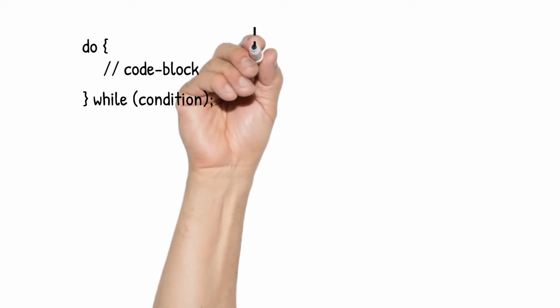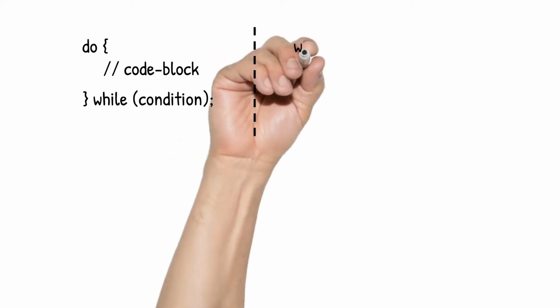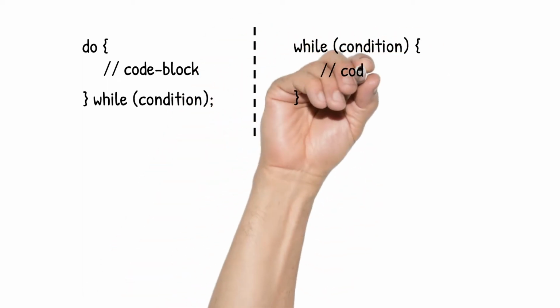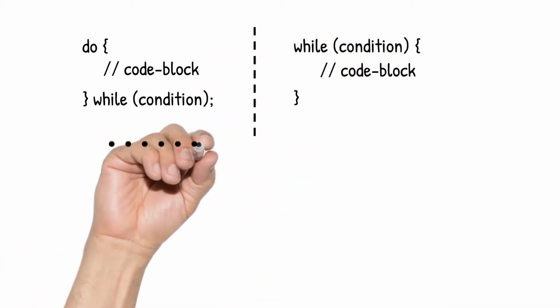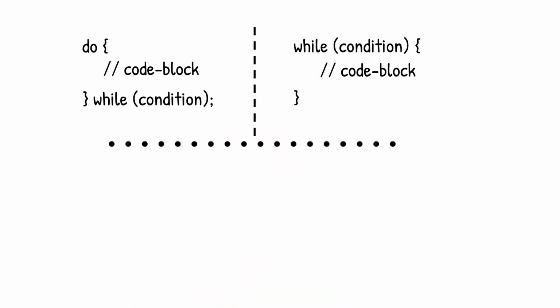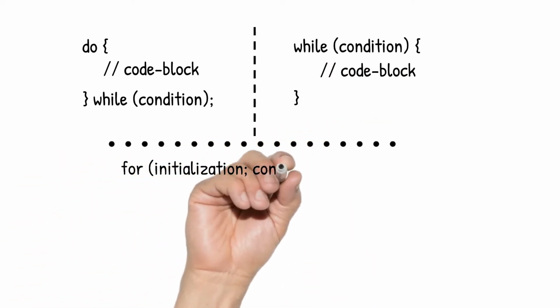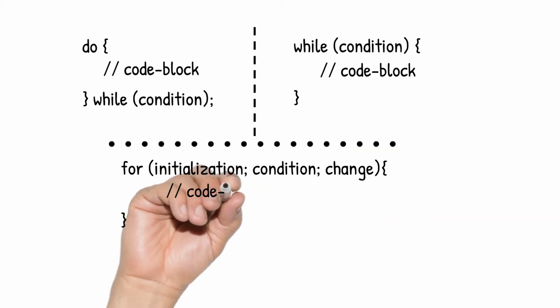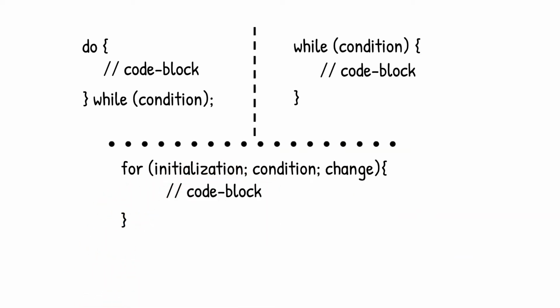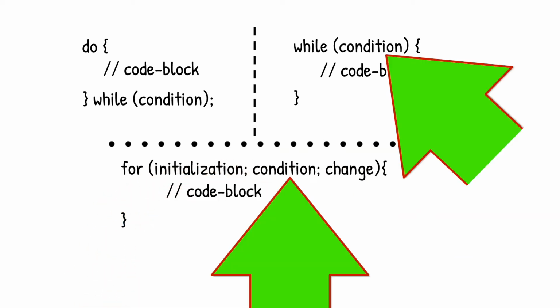Notice that do-while is quite different from a while loop or a for loop. Do-while is different in the sense that in while and for loops, the condition is evaluated before going inside the scope. If the condition results in true in a for loop or in a while loop, the execution goes inside.